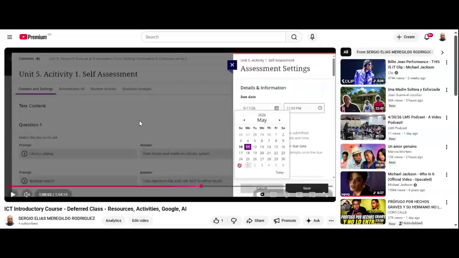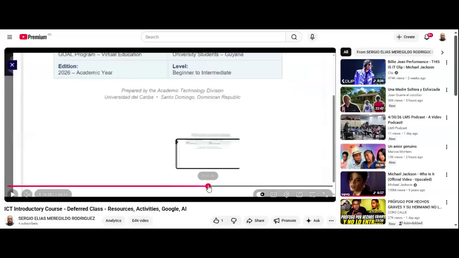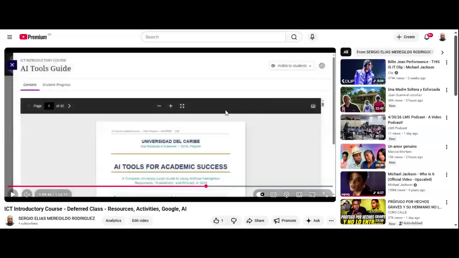So after that, what I was showing was the presentation of the AI tool guide. After you watch the first part, which is very important, and I'm not going to say this part is more important. No, every part is important because you are getting to know a new platform.